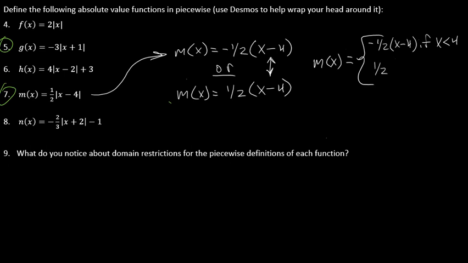And it equals positive 1/2 x minus 4 if 4 is less than x. Okay? And again, you'll see why exactly in Desmos.